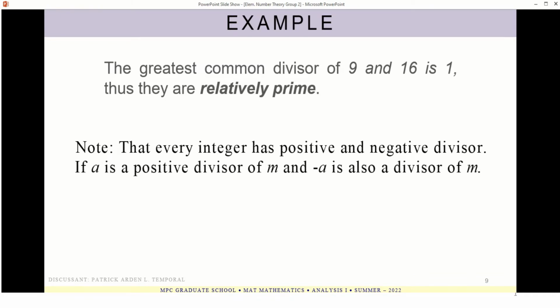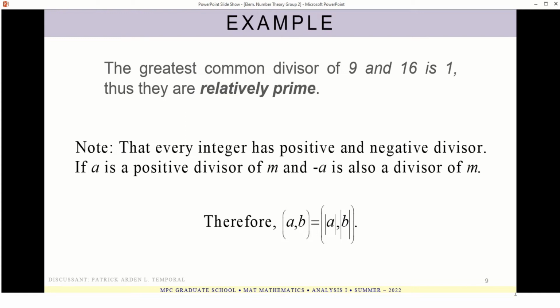Note that every integer has a positive and negative divisor: if a is a positive divisor of m, then negative a is also a divisor of m. Therefore, by our definition of the greatest common divisor, (a, b) is equal to (the absolute value of a, the absolute value of b).